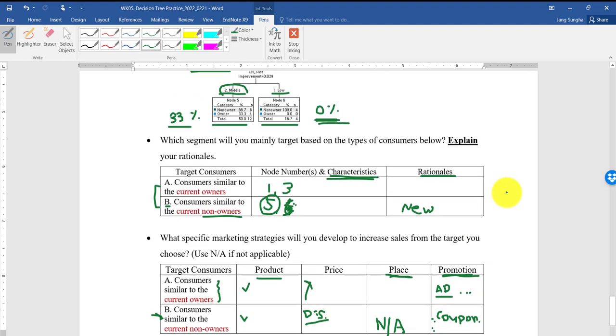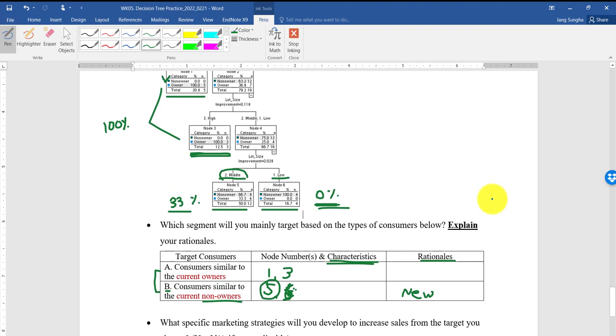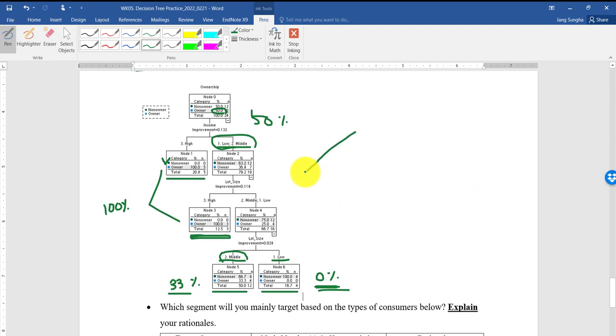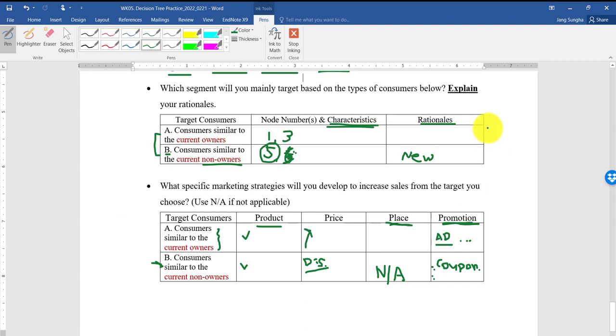So again, the key point of decision tree is we should be able to interpret the decision tree, and then we should be able to target a certain group of people and develop marketing strategies.